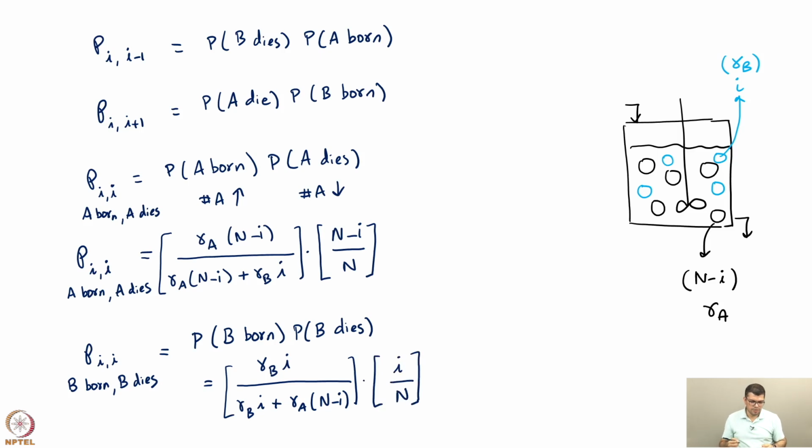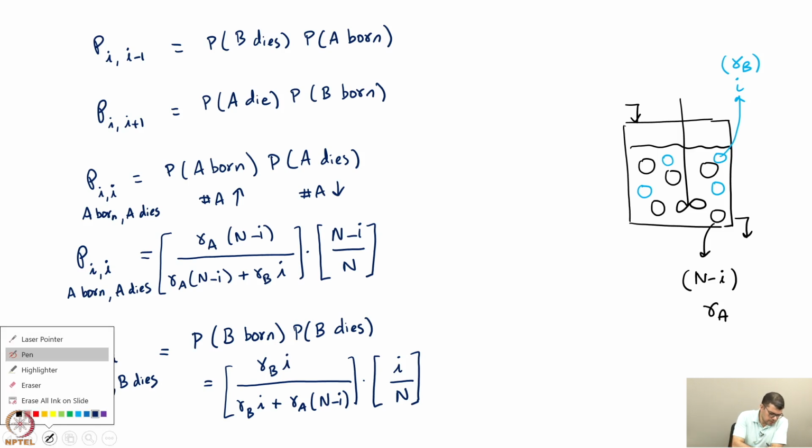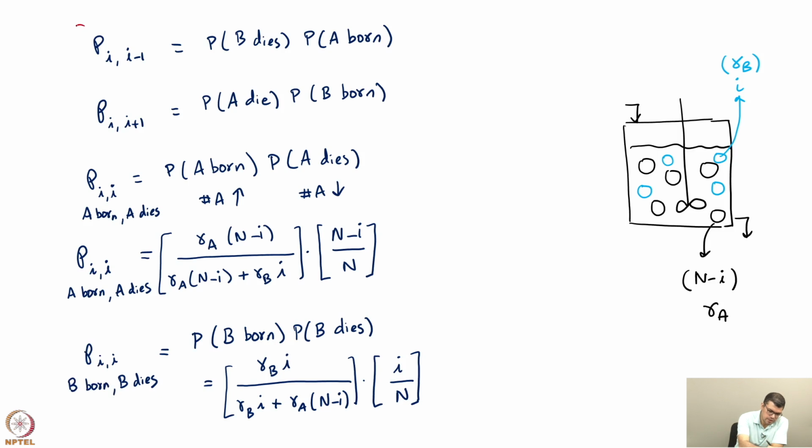So, these are our 4 probabilities for the transitions. Now, what you should convince yourself of here is that I to I minus 1, I to I plus 1, I to I because of A being born and dying, and I to I because of B being born and dying, these 4 are the only options if we have only 2 genotypes in the population.